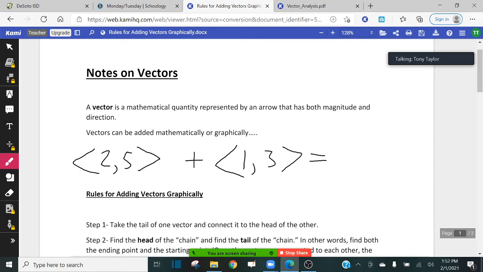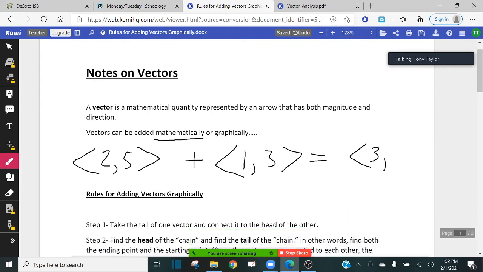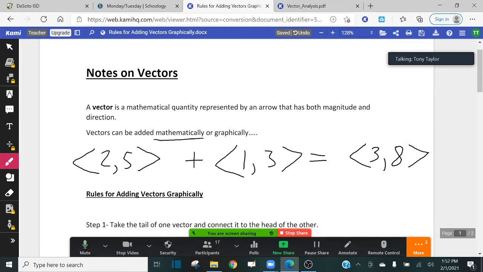Guys, whenever I add up these 2 vectors mathematically, what do I get? Is it like 3, 8? It's what? 3, 8. Yeah. So when I combine those two vectors, it has an x component that is 3, yes, and a y component that is 8. Thank you, guys. 3, 8.